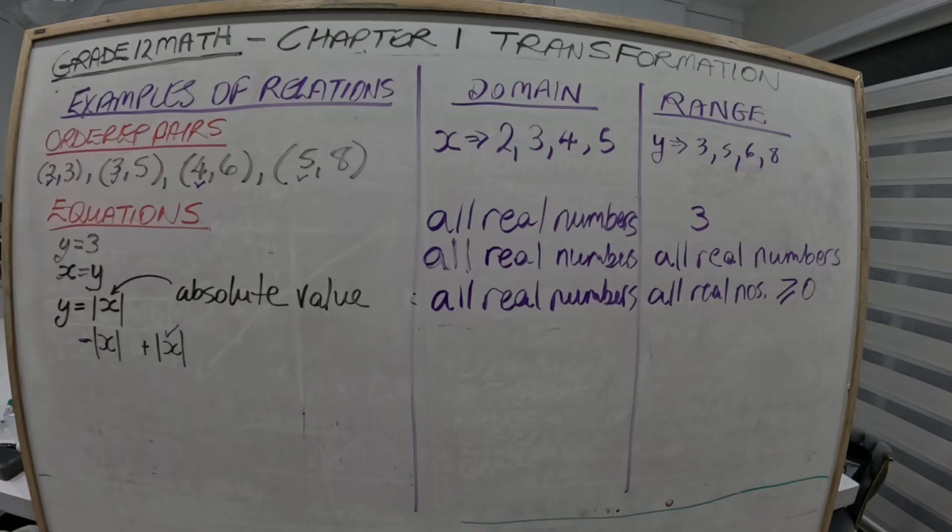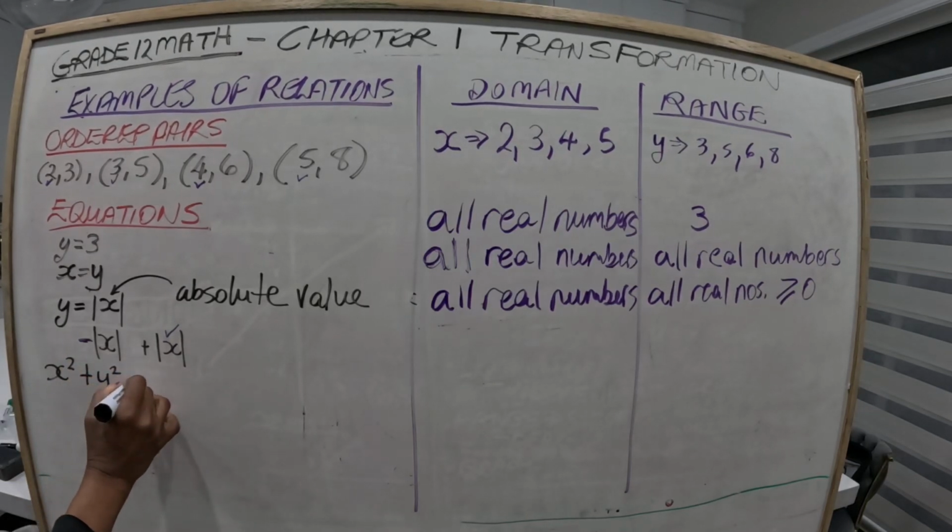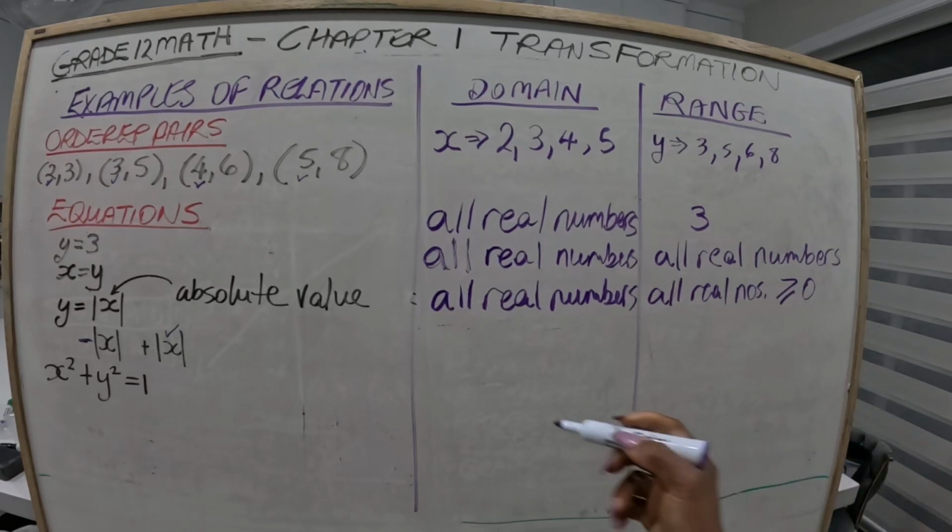And the last one for equations is x squared plus y squared equals 1. So the domain for that, and I'm going to explain to you why, or maybe I should get you to figure it out.